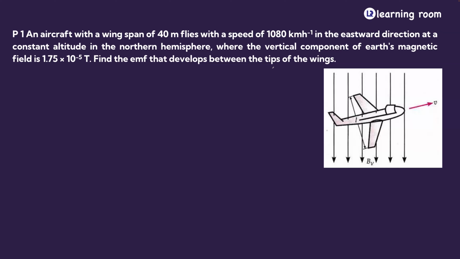So the first question that we are going to solve based on motional EMF is an aircraft with a wingspan of 40 meter flies with a speed of 1080 kilometer per hour in the eastward direction at a constant altitude in the northern hemisphere, where the vertical component of the Earth's magnetic field is given as 1.75 into 10 power minus 5 Tesla.